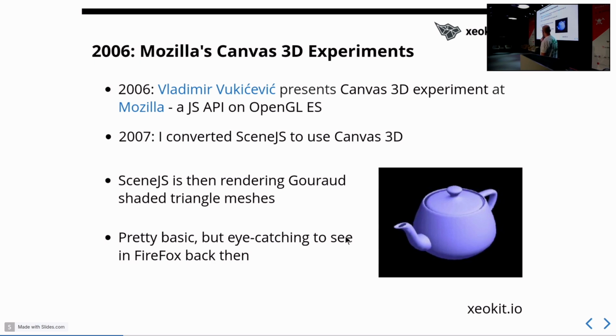It was very eye-catching to see a rotating shaded cube actually in the browser. It was a really strange thing to see. So I immediately upgraded Scene.js to use Canvas 3D. And there's the very first test model, or maybe the second one after the cube, a Gouraud shaded teapot.